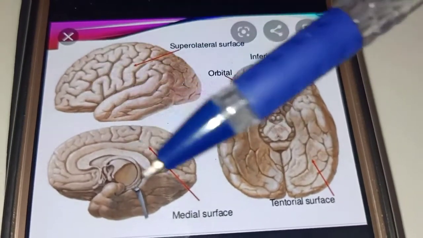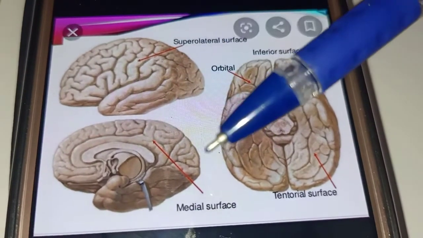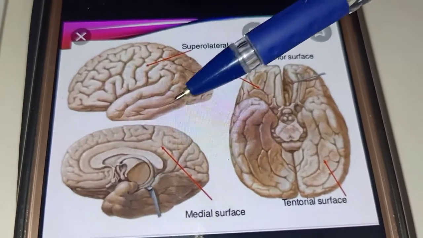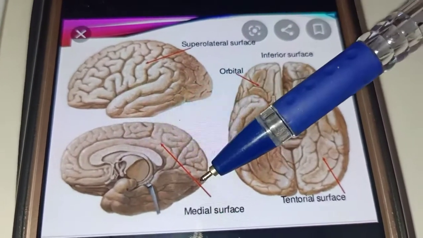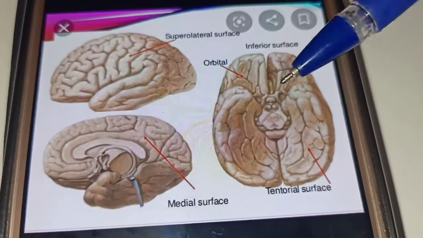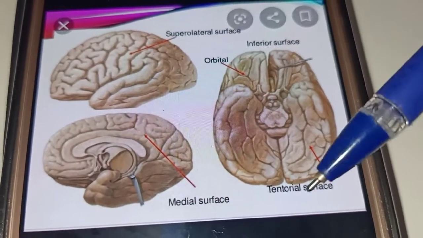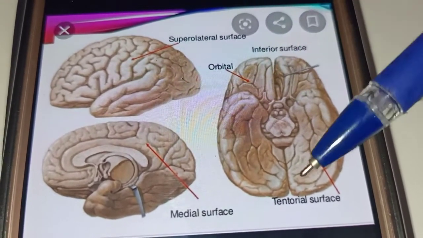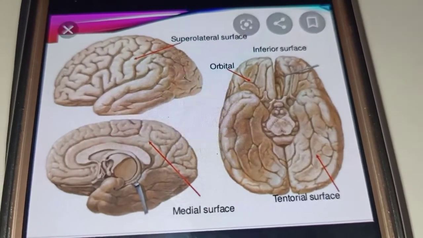So these are the surfaces of the cerebrum. It has a lot of sulci and gyri. This is the medial surface. This is the inferior surface, which is further divided into anterior and posterior surfaces. The anterior surface is orbital and the posterior is tentorial.